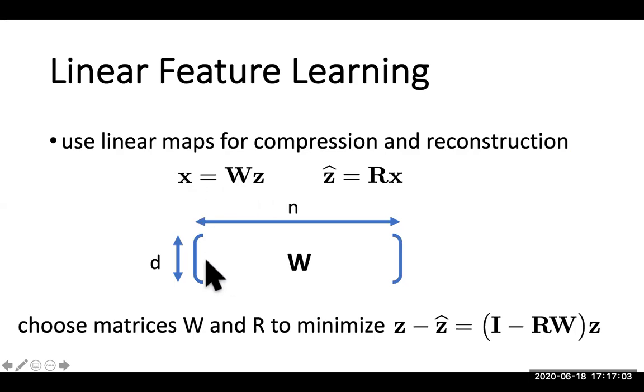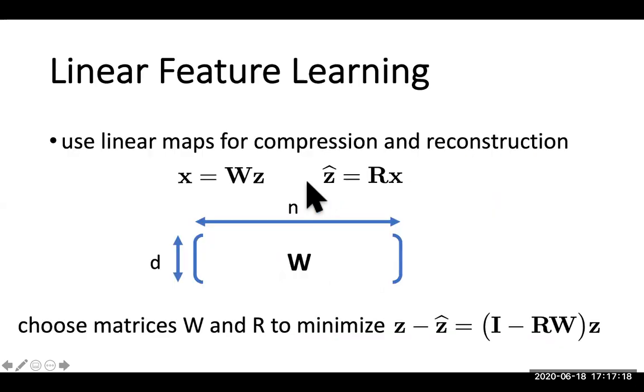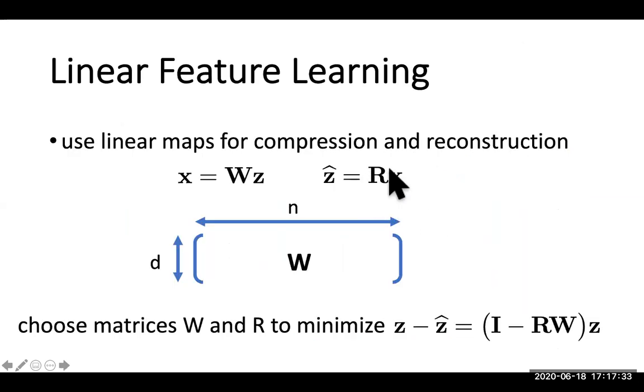If we choose this matrix W to be wide, to have more columns than rows, then it does exactly what we want. It reads in a long raw feature vector and outputs a short new feature vector. So a matrix represents a tunable linear map. And we can use another matrix for this other tunable map for reconstruction. This is this matrix R.